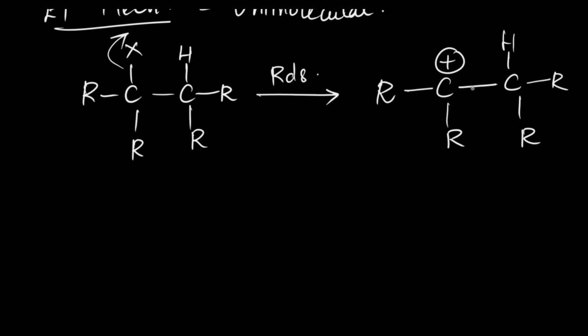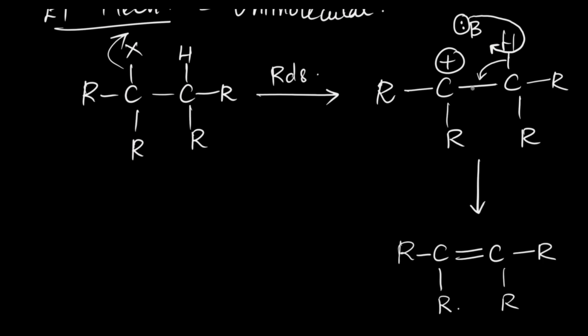Then the second step, base attack. The base will attack this position and take up the hydrogen. Due to that, the bond shift happens over there. The product is an unsaturated one.